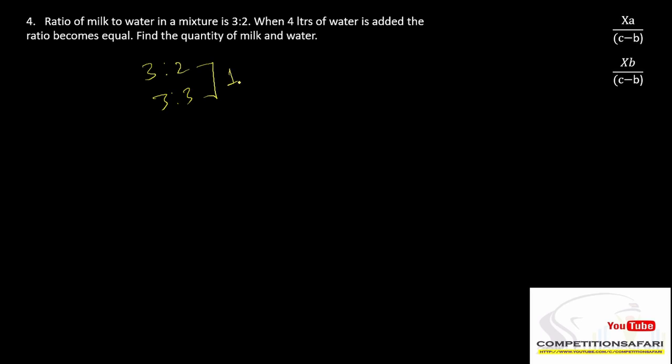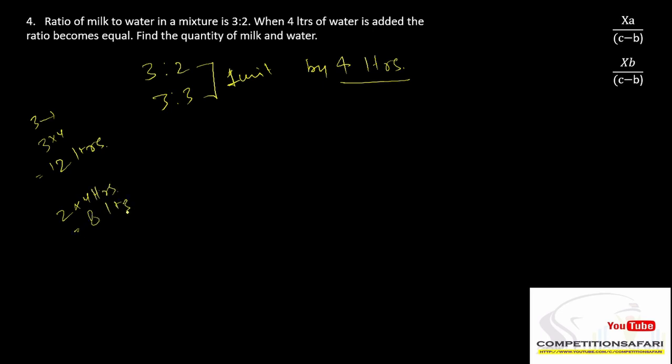So here we are seeing that 1 unit of change is occurring, 1 unit by adding 4 liters of water, which means 1 unit is equal to 4 liters. Similarly, 3 units will become 3 into 4, which is 12 liters, and 2 will become 2 into 4 liters, which is 8 liters. So previously we had 12 liters of milk and 8 liters of water.